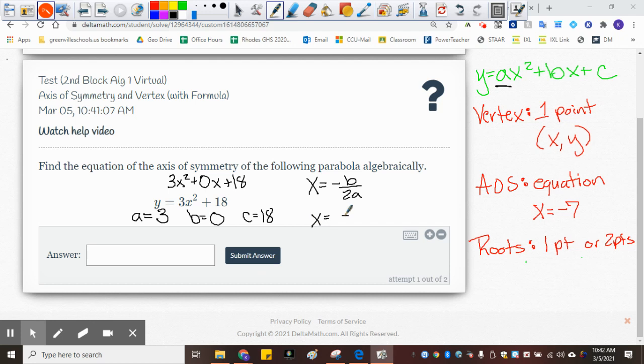X equals negative 0 over 2 times 3. Negative 0. New pencil, paper. Negative 0 divided by 6.